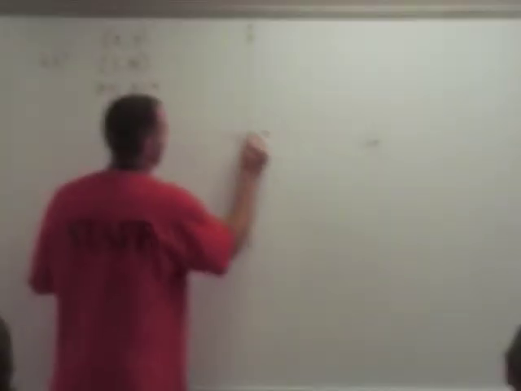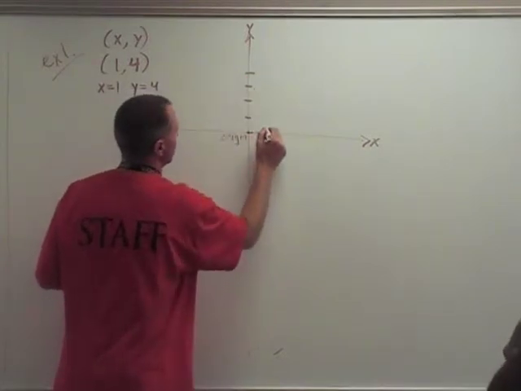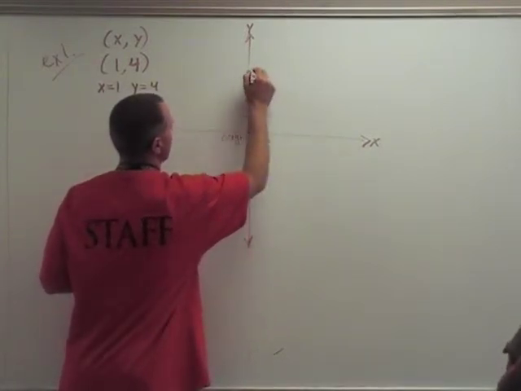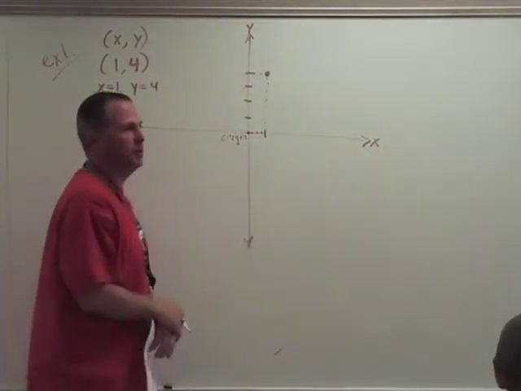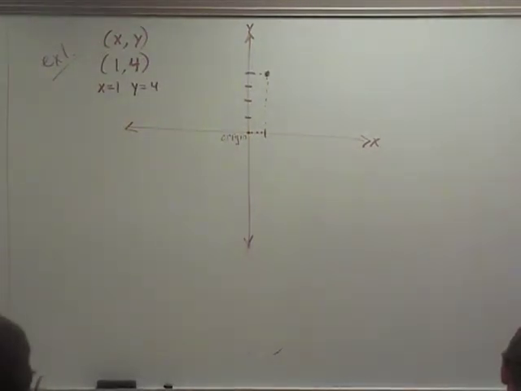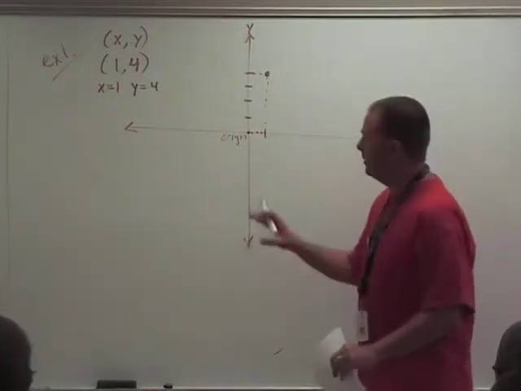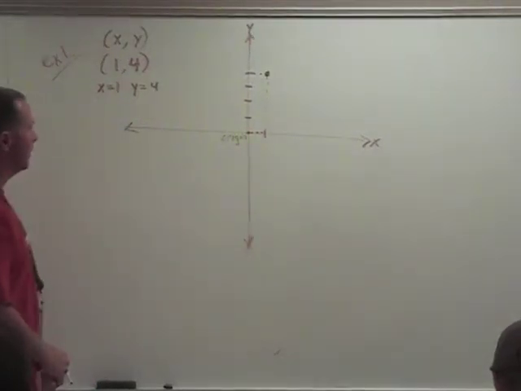And y is positive 4. Positive means we go up. So from there we go up. Or you can go over from 4. Wherever those meet, that is where you put your point. You do not need to put dotted lines on your graph. But if that helps you until you finally get it, great. Again, this teaching is really for those who have struggled with graphing before this.